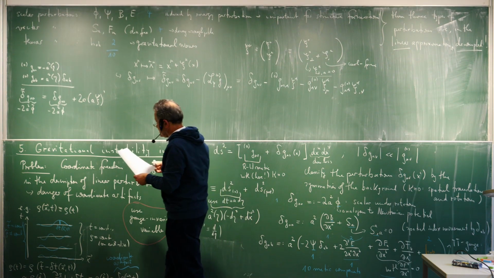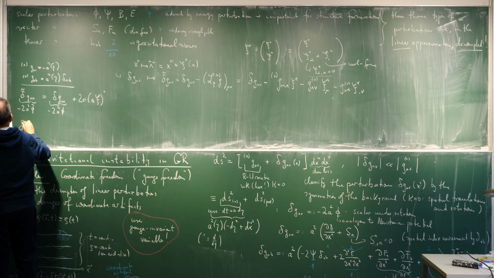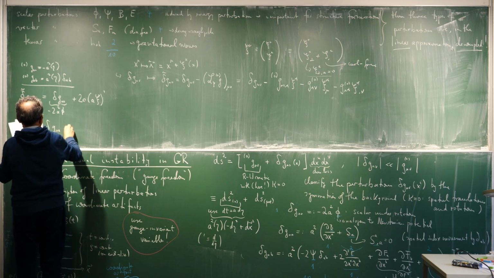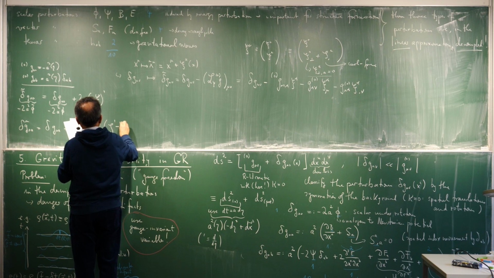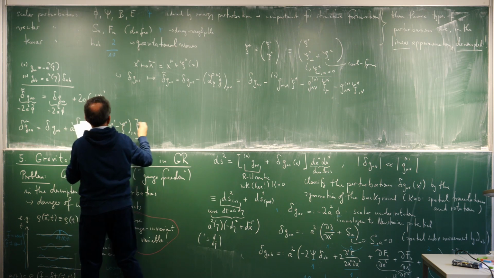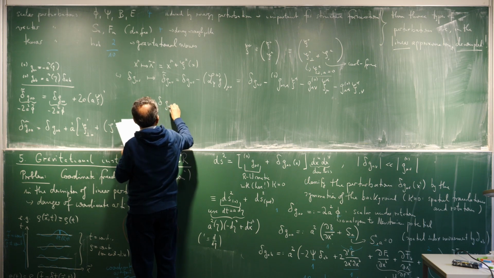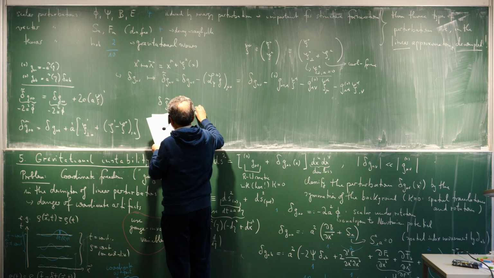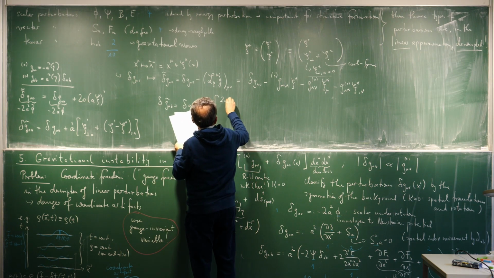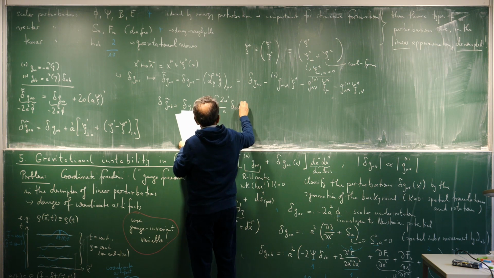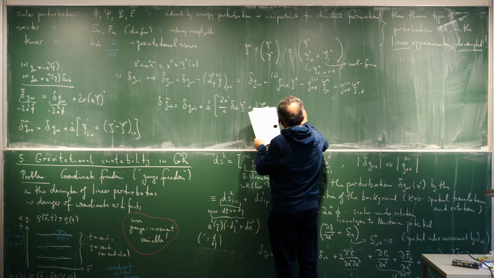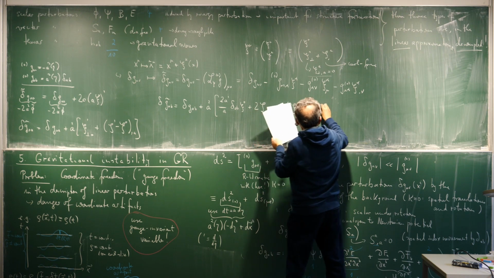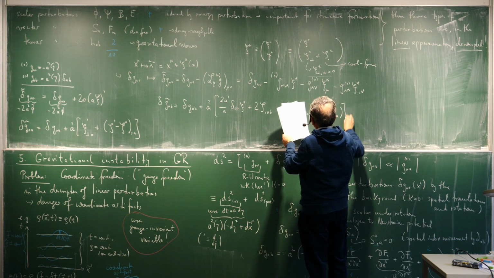This is what you get from this here, and delta g0a tilde is delta g0a plus a squared, and then you have psi orthogonal a prime plus theta prime minus psi 0 comma a, and finally the space part, we have delta gab tilde is delta gab plus a squared times 2a prime over a delta ab psi 0 plus 2 theta comma ab plus psi orthogonal a comma b plus psi orthogonal b comma a.